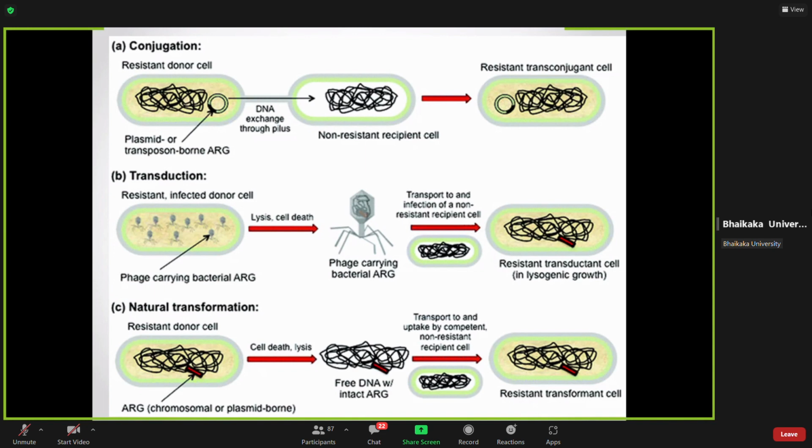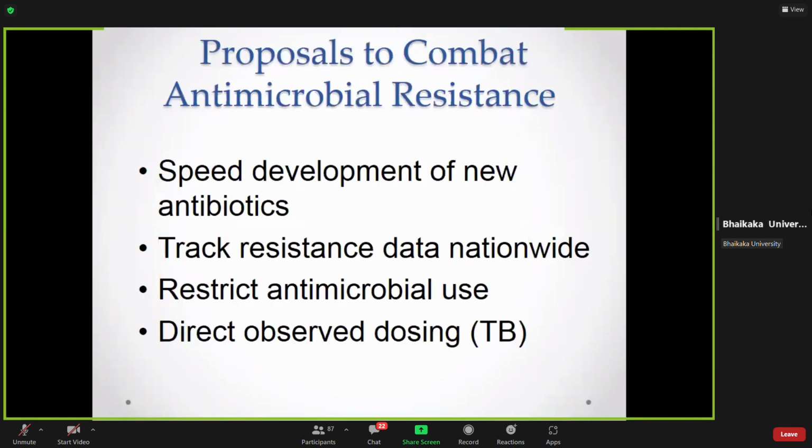In natural transformation, the resistant donor cell dies and its nucleic acid survives as free DNA in the environment, and this free DNA is taken up by another sensitive bacterium, and now the sensitive bacterium has become resistant. So this is how genetic transfer of the resistance mechanism also occurs.